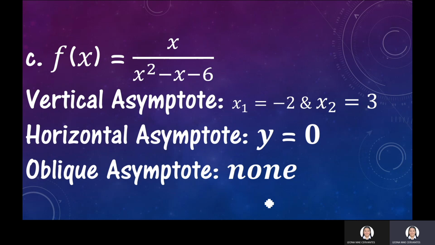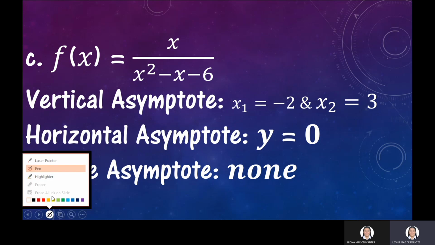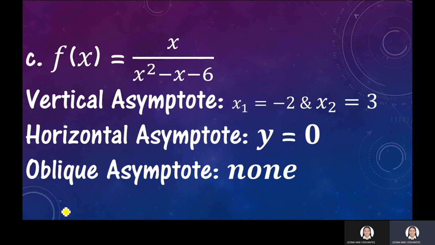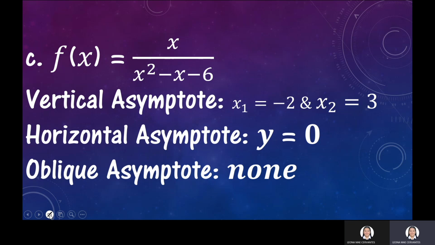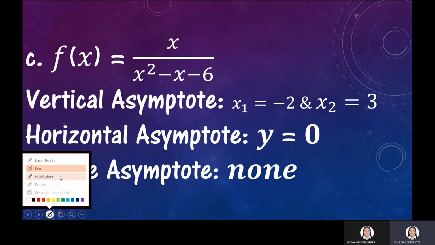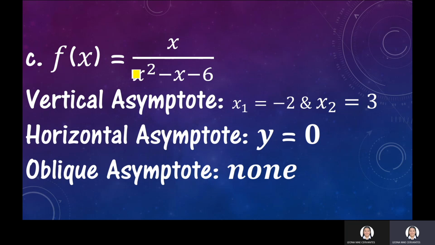Okay, so f of x is equal to x over x squared minus x minus 6. So, denominator is x squared minus x minus 6.